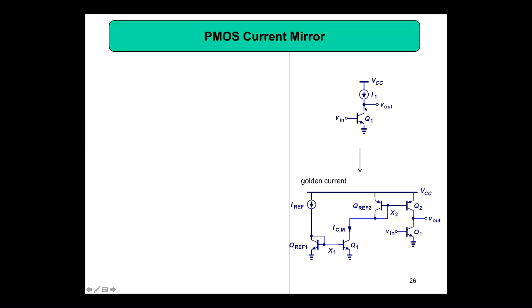So PNP current sources are always expensive in terms of number of devices and power requirement. If it is NPN, that is easy. PNP means you have a problem because this part is grounded, but you cannot connect the golden current here. That is the reason you need another NPN to bias it.